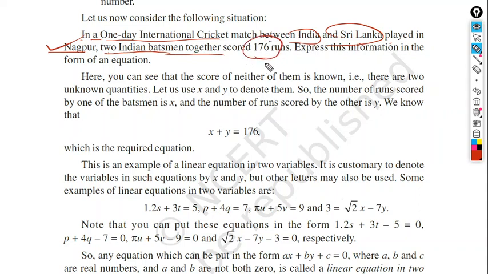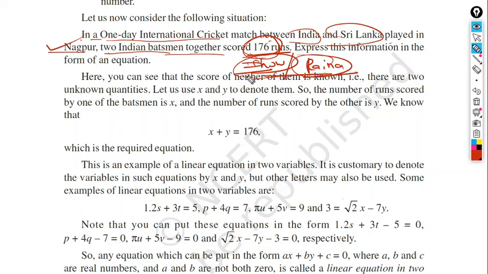So there are two batsmen. The names of the batsmen have not been given. So say suppose Dhoni and Raina, both of whom have retired from international cricket recently, scored 176 runs together. So we will represent this situation as a linear equation in two variables.